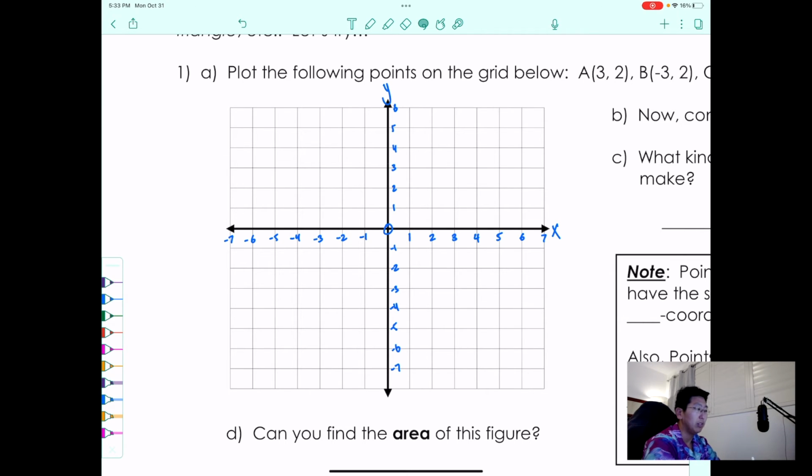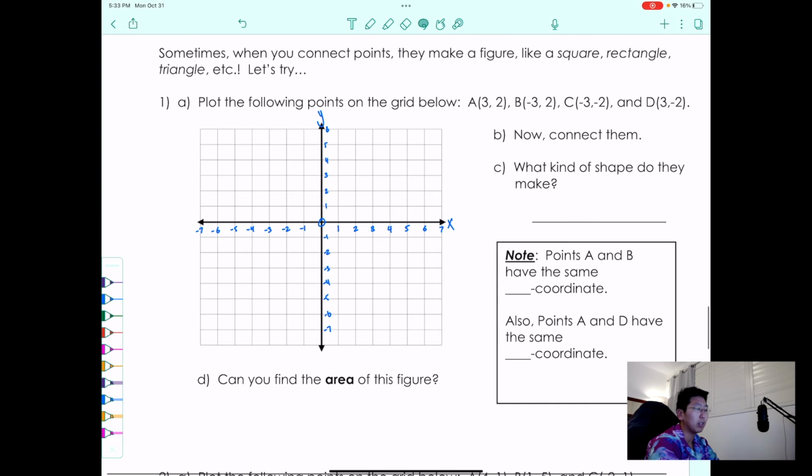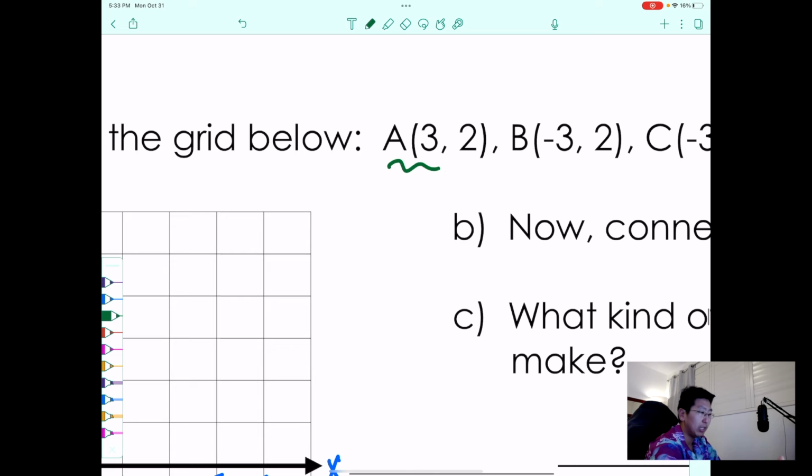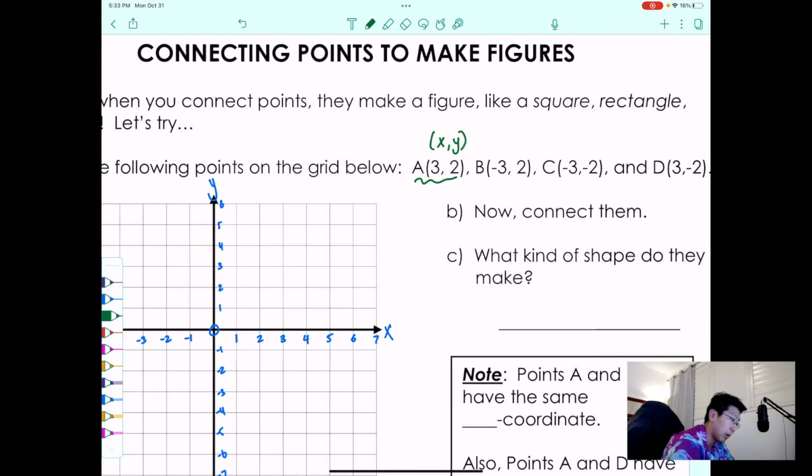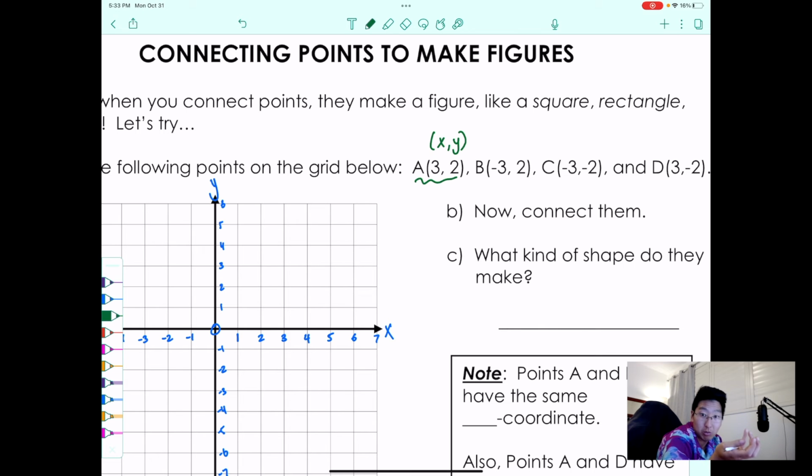All right. So we're going to plot the following points on the grid below. A. I'll do this in green. A is at 3, 2. Remember, what value comes first, x or y, in our ordered pair, right? Hopefully you said x. I don't know why I'm not with you, or I'm not. This is a video. How am I supposed to know?